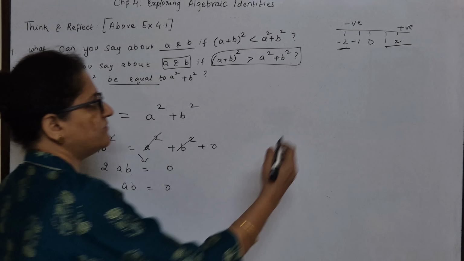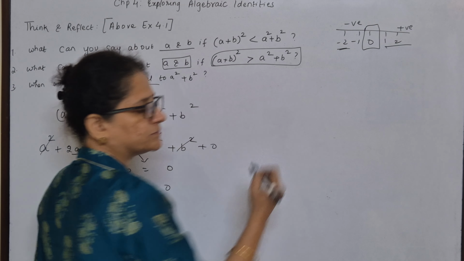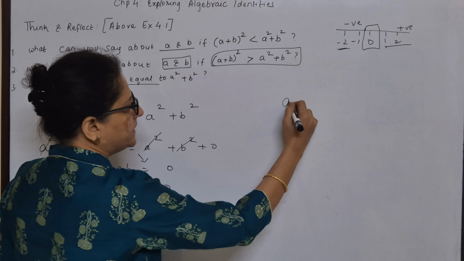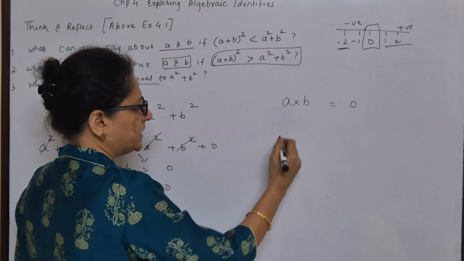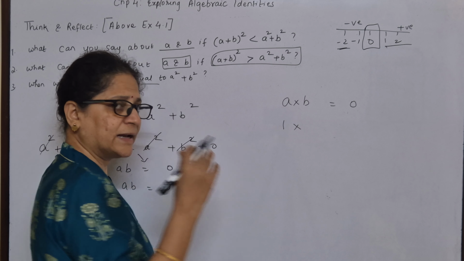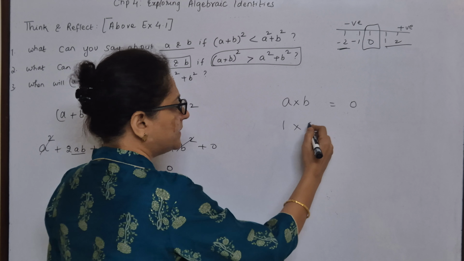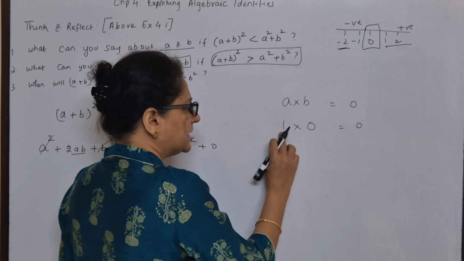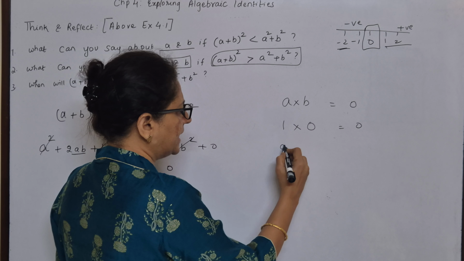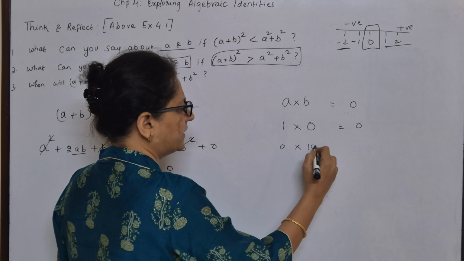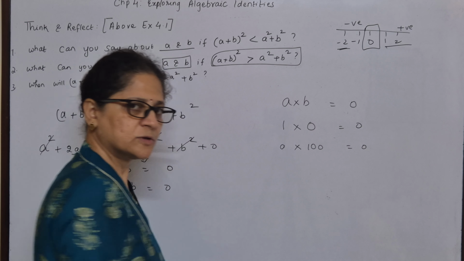Now when will AB be 0? AB means A into B. One can be any number and the other should definitely be 0, because any number multiplied by 0 will be 0. If I take A as 0 and B as 100, then also I will get 0, right?